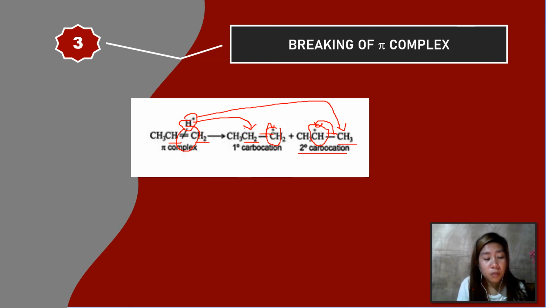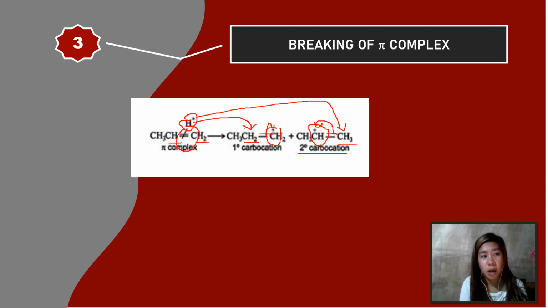This happens because in an asymmetrically substituted alkene, two different carbocations are possible. The major product is generated from the more stable carbocation, while the minor product forms from the less stable one.